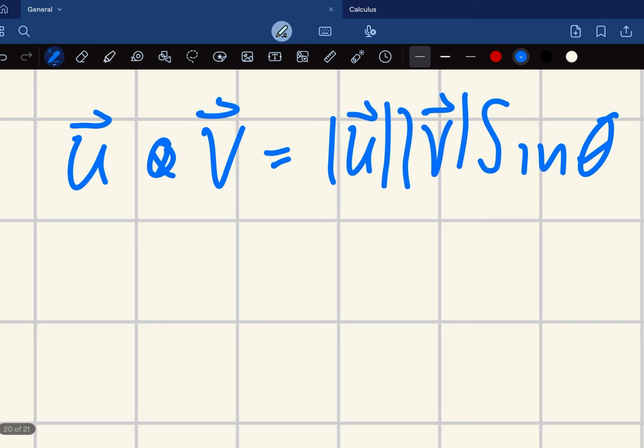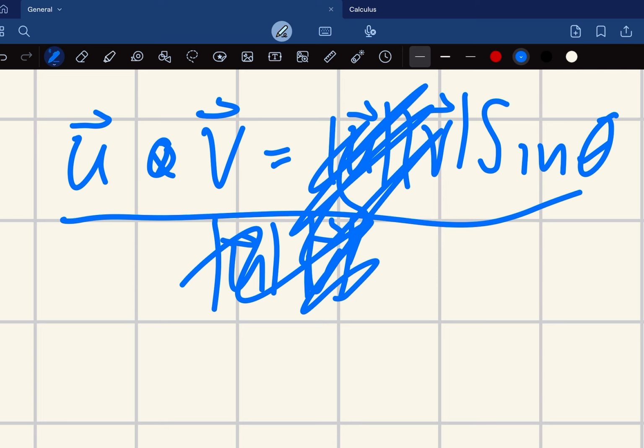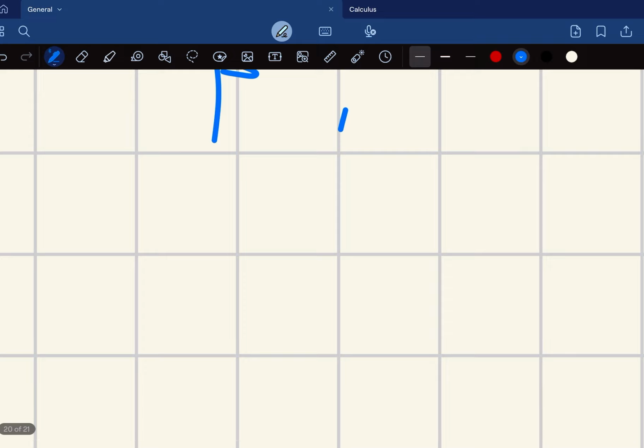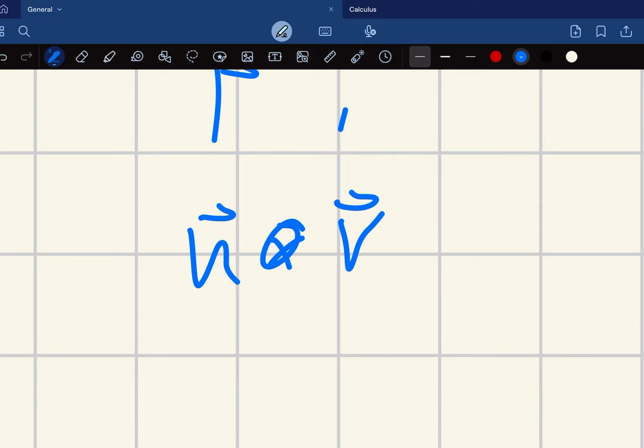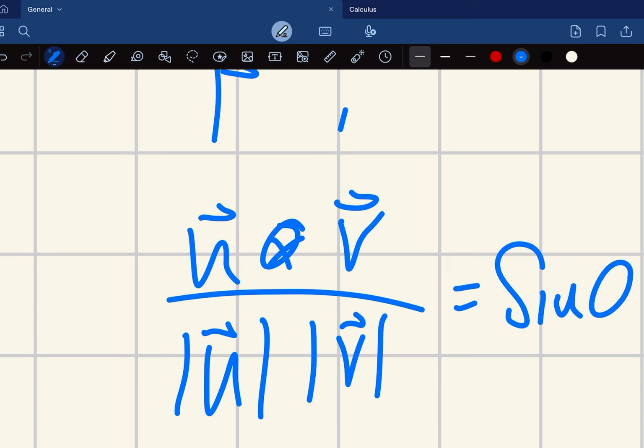So let's rearrange this equation for the angle. If we divide both sides by the magnitudes of u and v, it cancels out over here, and we are left with the magnitude of u cross v over the magnitude of u times the magnitude of v, which is equal to the sine of our angle.